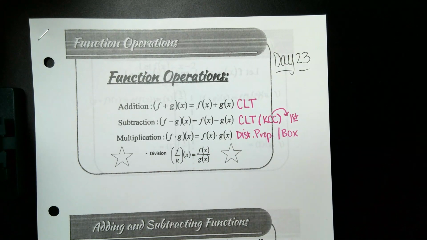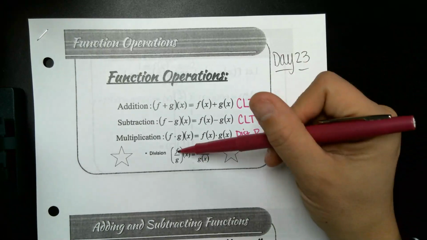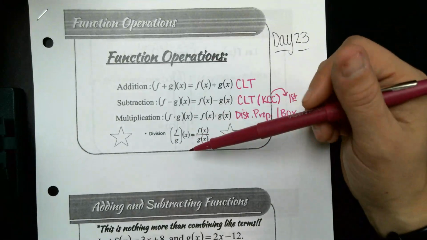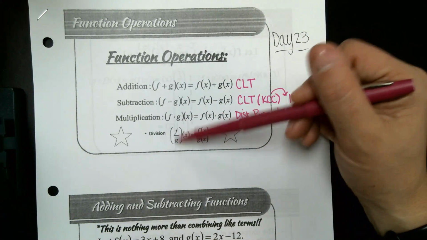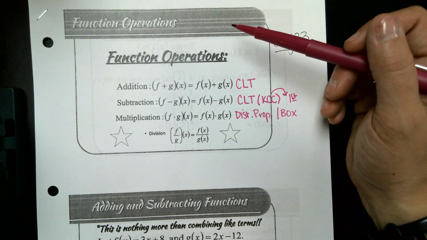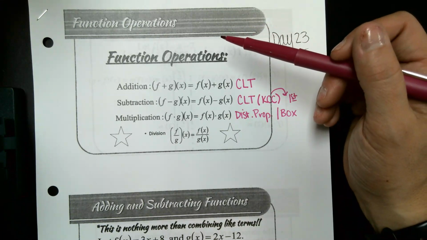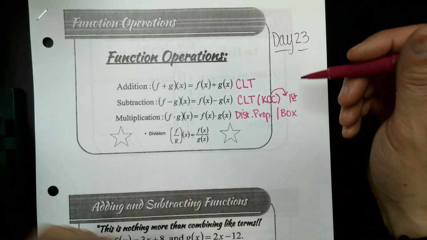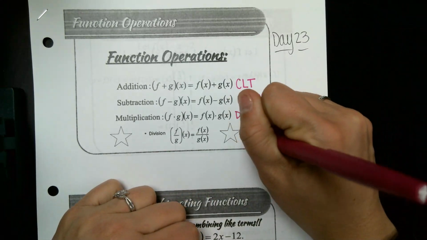Now division, same thing. You have one function being divided by the other. A lot of times they're going to give you a number to plug in, so that you end up with a numerical answer. But we'll just end up simplifying.